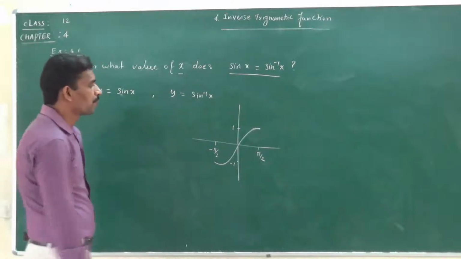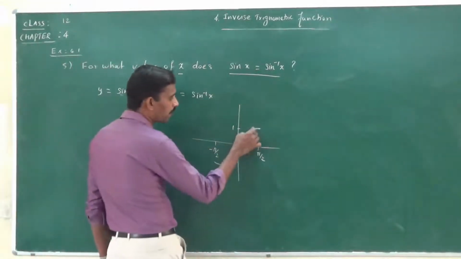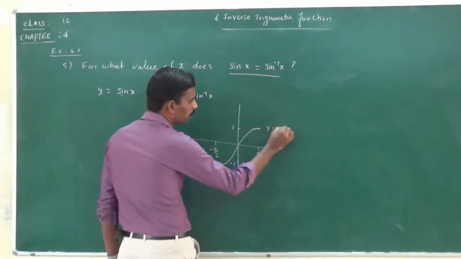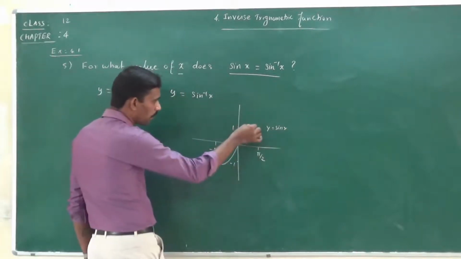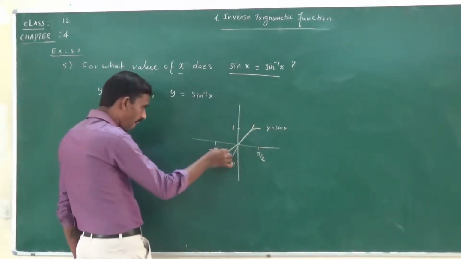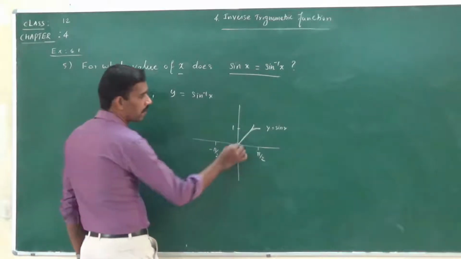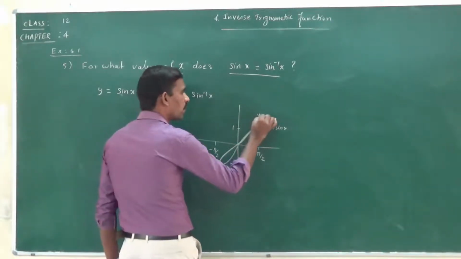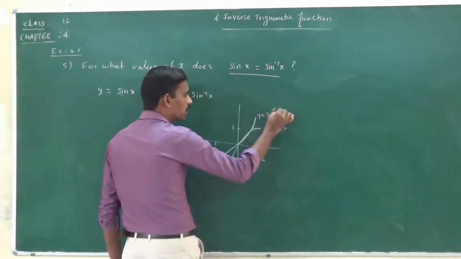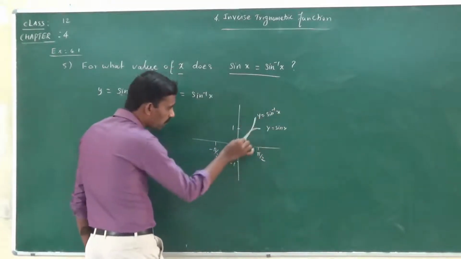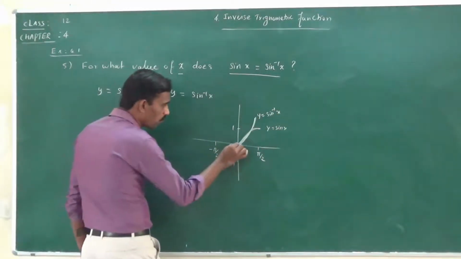This is the graph of y is equal to sin x, and this one is y is equal to sin inverse of x. So both curves meet at only one point.